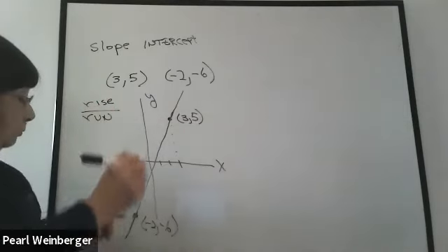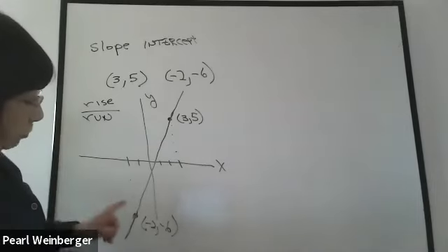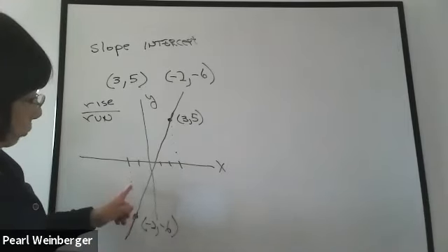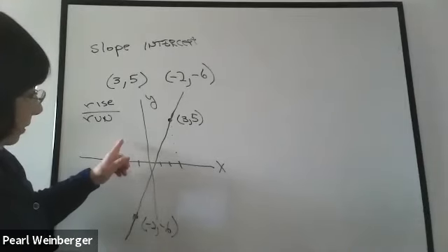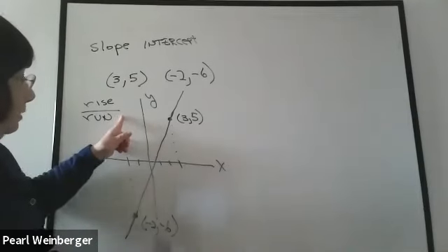So if I start at the point that's on the left, I always start at this leftward point, I could count how many boxes I have to go up. 1, 2, 3, 4, 5, 6, 7, 8, 9, 10, 11. I have to rise 11.